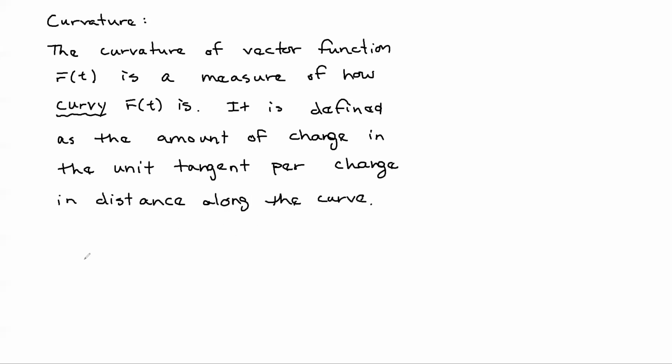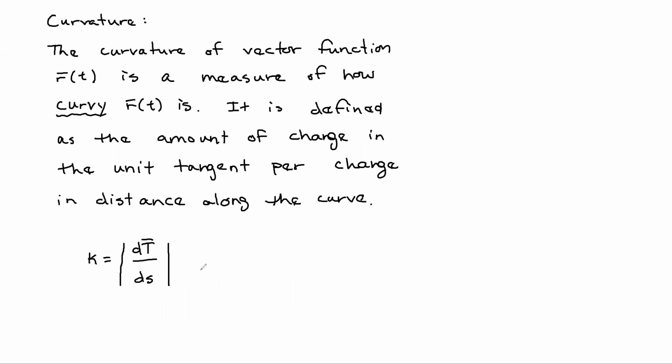If we were to write this out, the curvature symbol is a K. What it equals is the change in the unit tangent divided by a change in distance along the curve. Since this is a vector, we're going to find the length of that vector, and that is going to represent curvature.